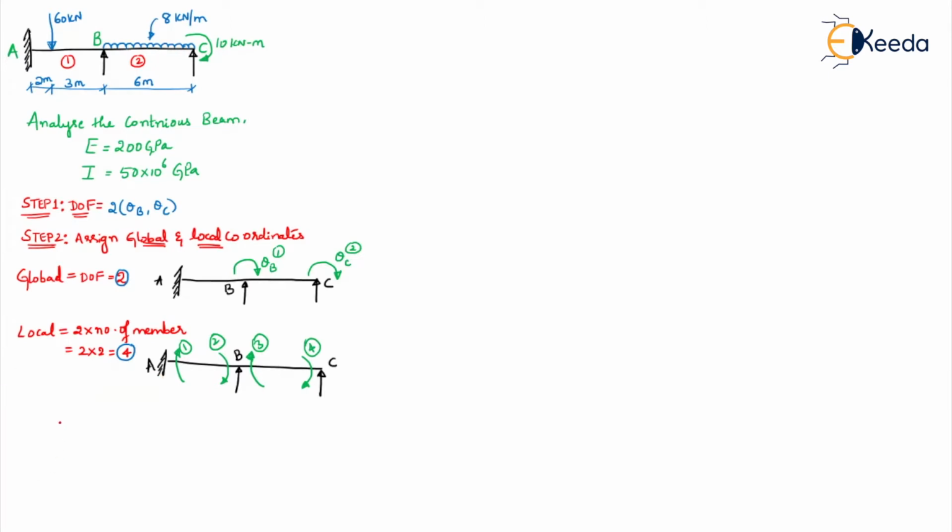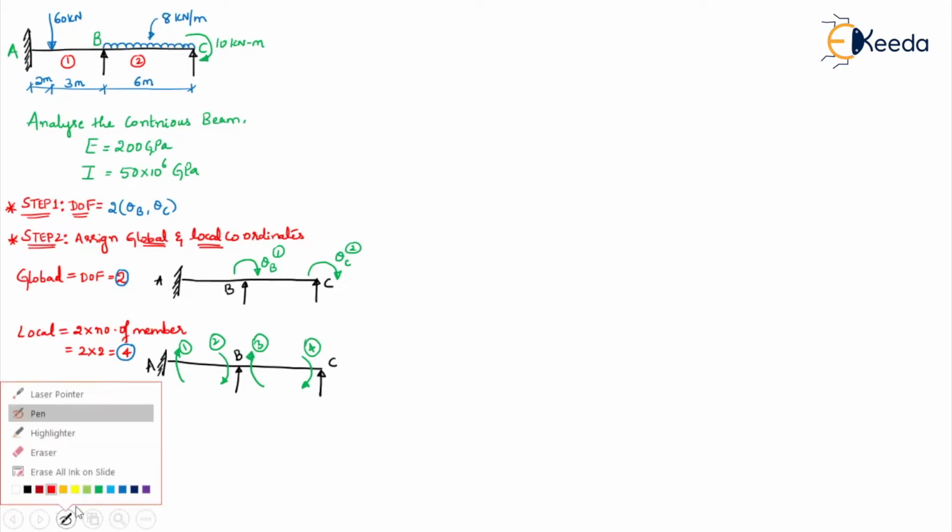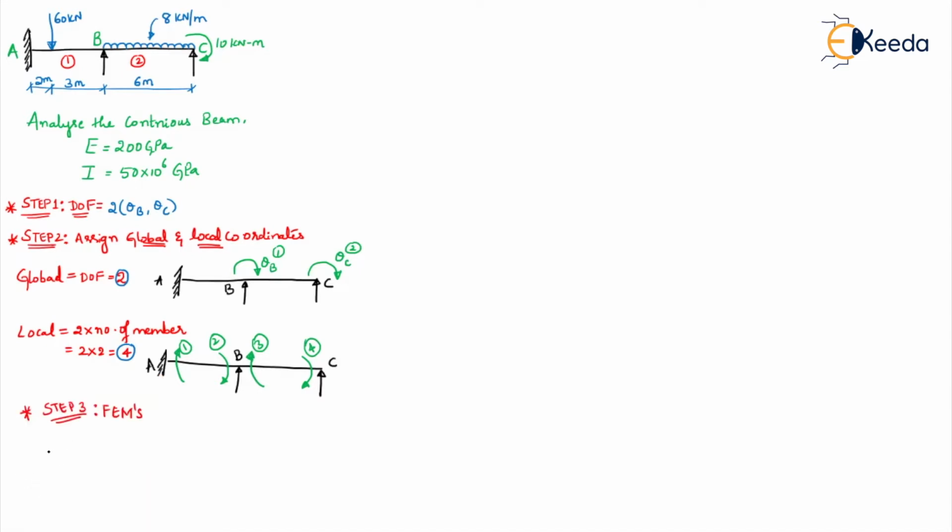So the next step is what? This was step 2. Then your step 3 is to find the fixed end moments. For doing fixed end moments, what you have to do is assume the beam to be fixed and isolate the spans.